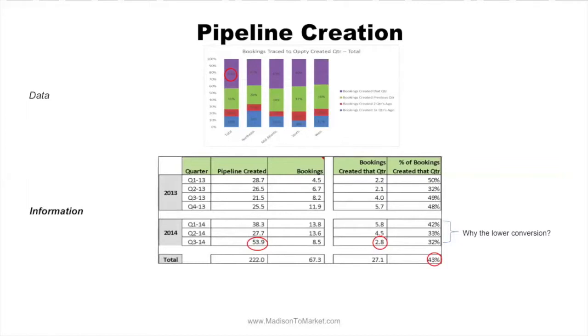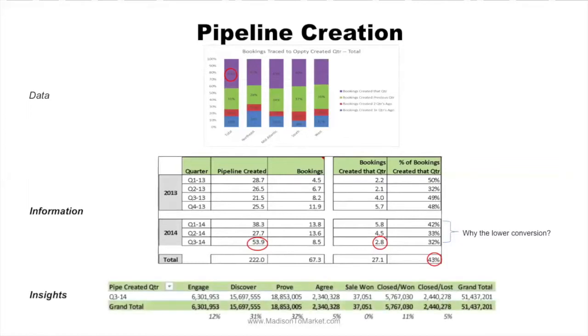Then finally, at the bottom of the screen in the insights section, if we're assuming we're in Q4 14, we see 42% of the total pipeline created last quarter is in the proven and agree stage. So you see the 37% plus the 5%.